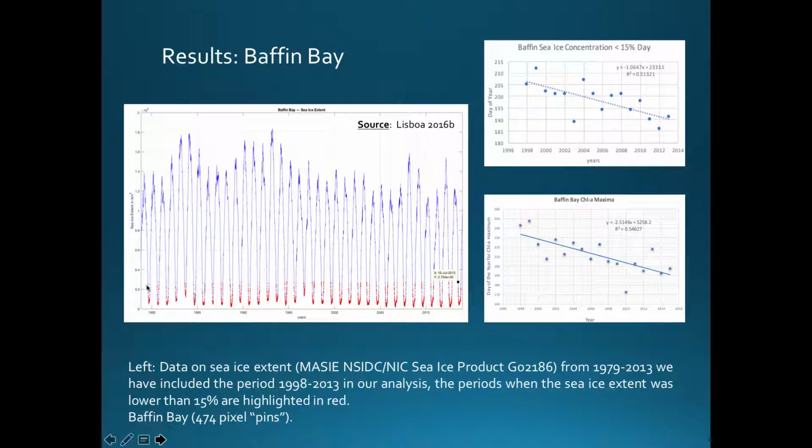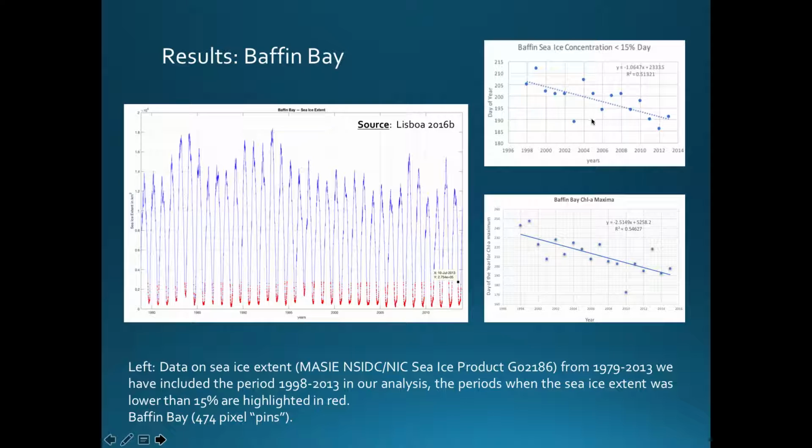And so what is the day around the summer where we can see that the ice concentration was less than 15%? And if we collect all this information from 1997 to 2013, I didn't have more data until 2015, we can see that there is a trend of decreasing days in which we have an ice concentration less than 15%.